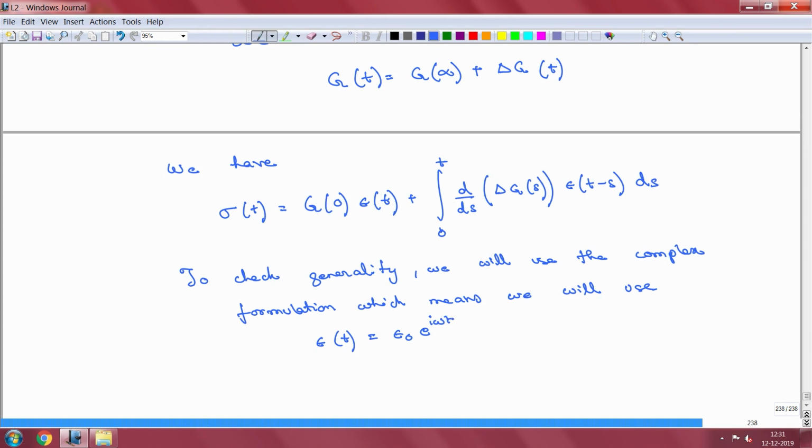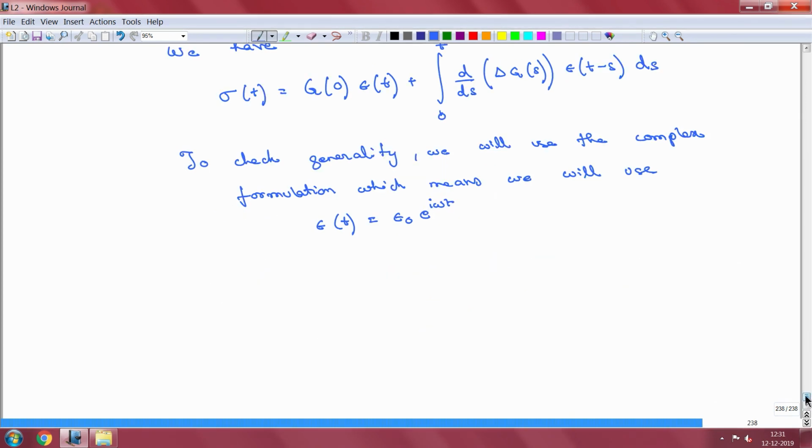So, let us go ahead and replace that in the above expression. That implies that my stress, which is the output here, becomes epsilon naught e^(i omega t) times G0 plus integral 0 to t, and the first term remains the same.